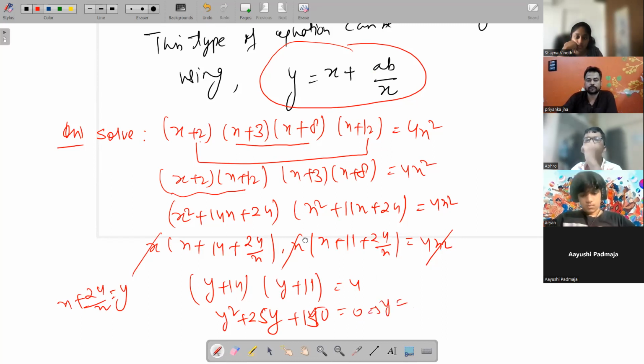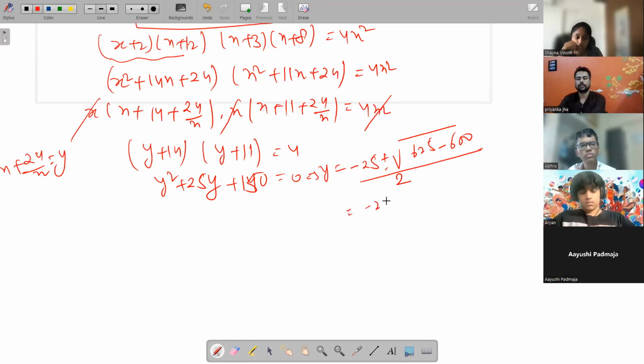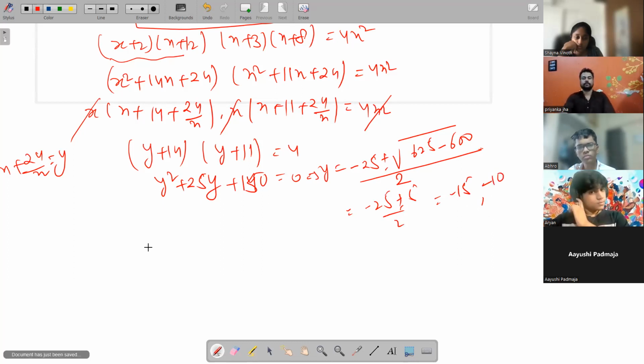y equal to minus b plus minus under root b square minus 4ac, that is this much, by 2. So this is minus 25 plus minus 5 by 2. So factors will be this and this.